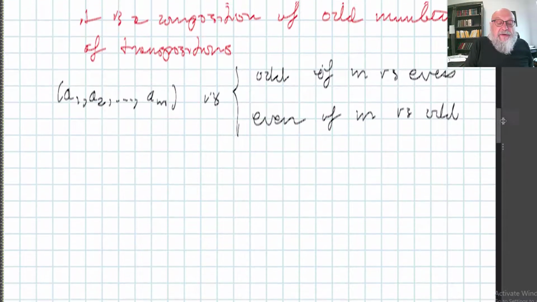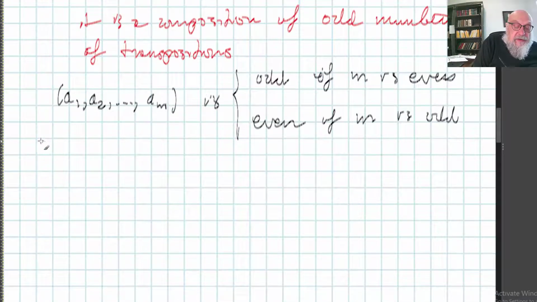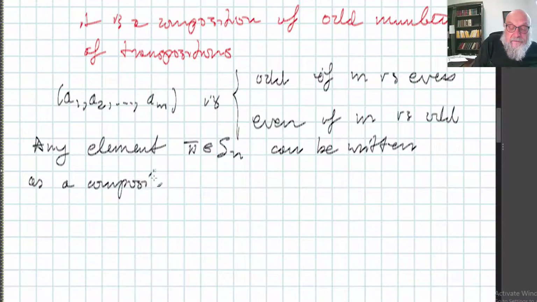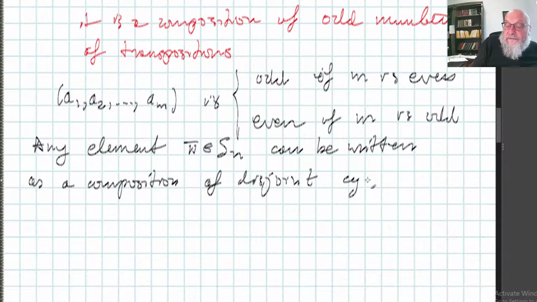So we have it. One of the properties of cycles is that any element pi belonging to Sn can be written as a product, as a composition, of disjoint cycles.